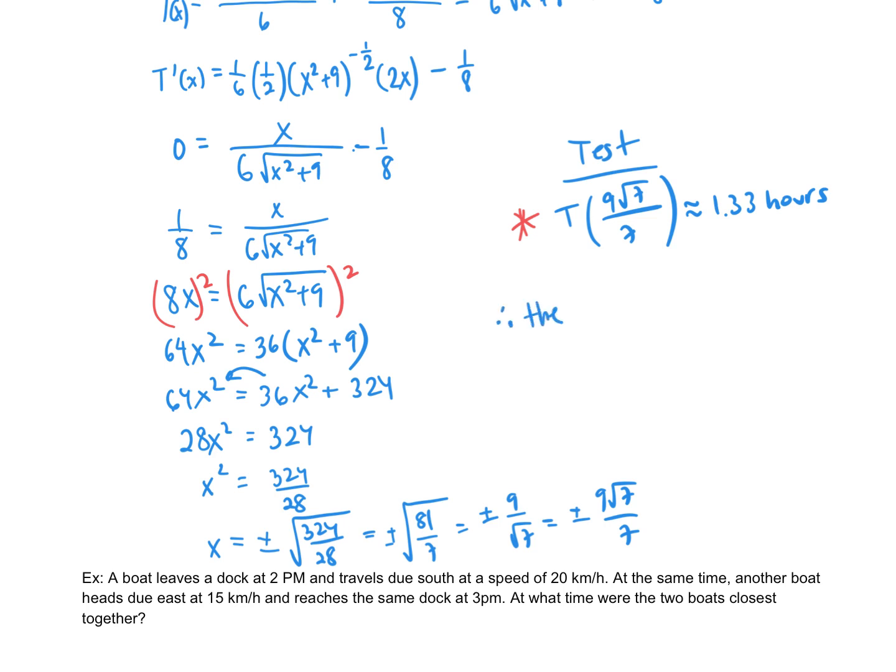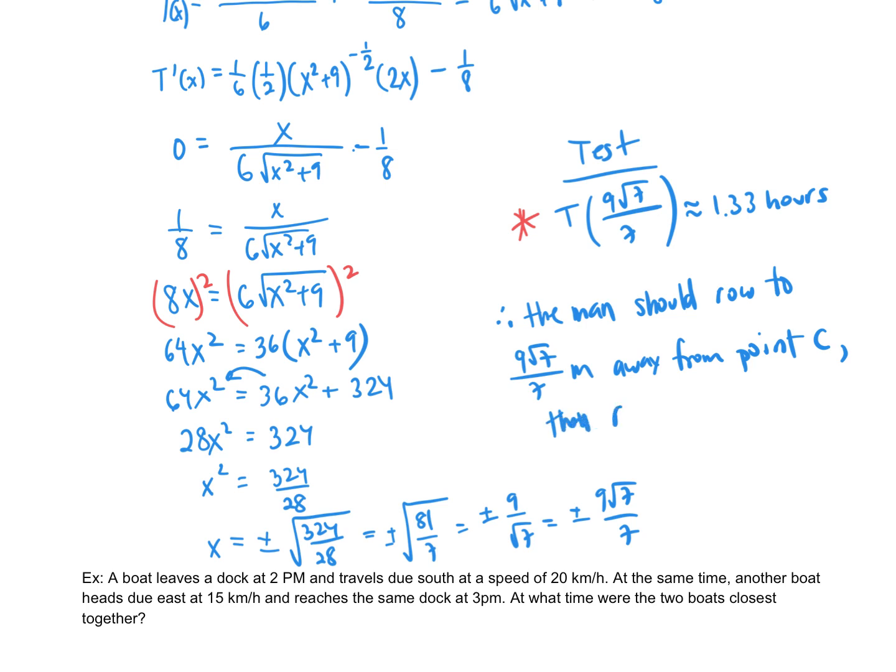Therefore, the man should row to 9 root 7 over 7 meters away from point C and then run the rest of the way to B. And there we are.